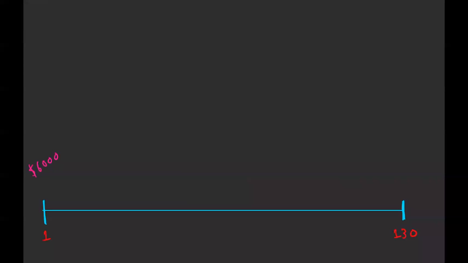After 30 days, I don't know, maybe right there, she pays off $2,500. This won't be to scale, but I'm just going to put the 30 days right in the middle here. Obviously not to scale, but it'll give me some more space.